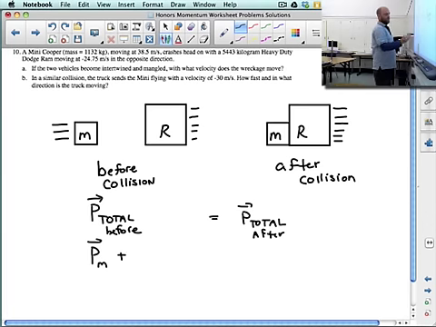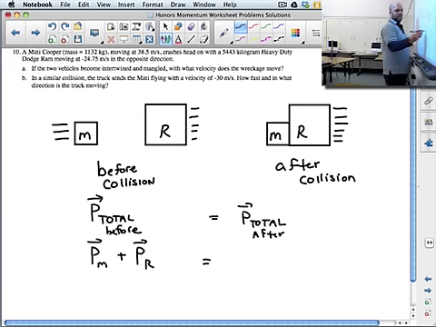These vectors are going to add together. Momentum of Ram. And the total momentum of the whole thing in the end acts as one unit. So I'm just going to write M plus R together.